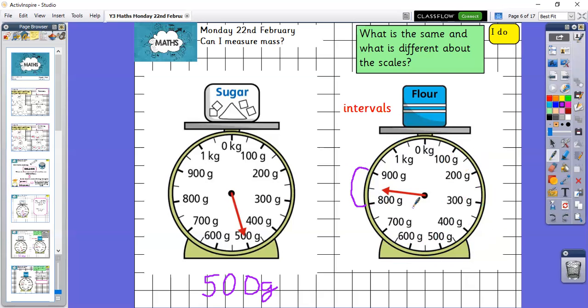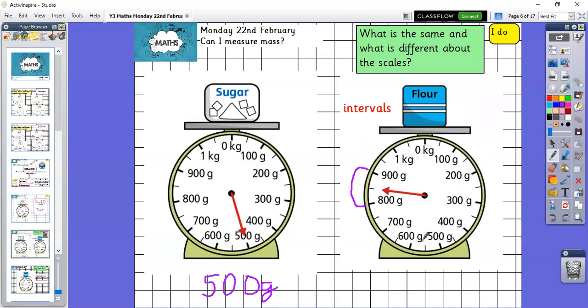And so what happens is the scales will have intervals on and they will show different weights that are not 100 grams. So if you notice, it goes 100, 200, 300, 400. It's going up in 100s at the moment. But not everything will weigh 100, 200, or 300 grams. Sometimes they will weigh something in between, which is what we've got with this bag of flour.